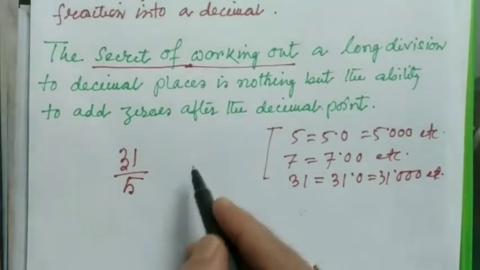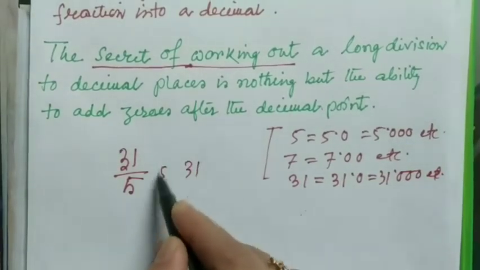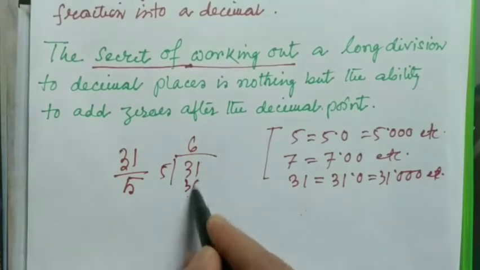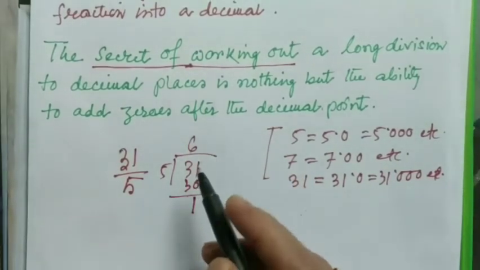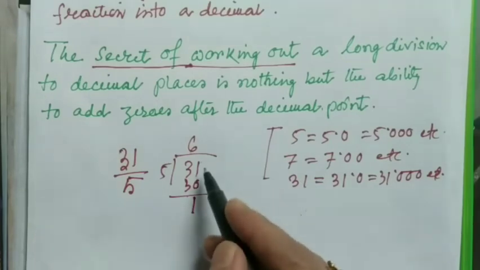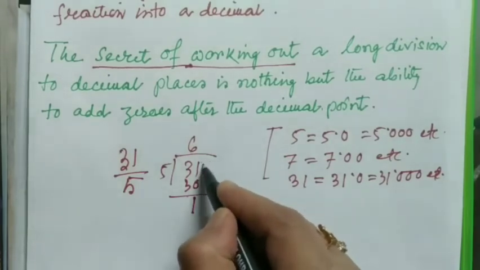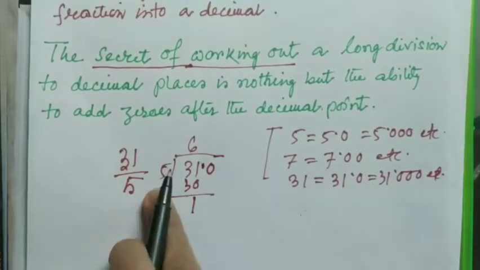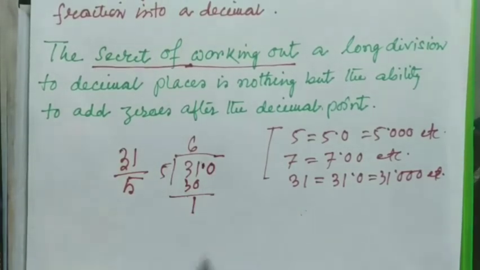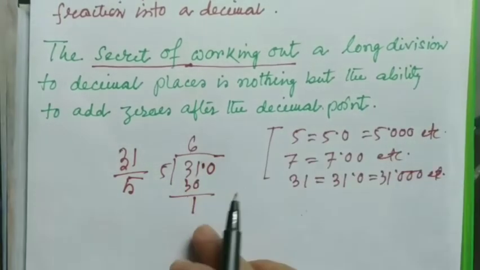Now I am doing the division again. 31 divided by 5. 5 6s are 30. Then 31 minus 30 is 1. Now I am putting one decimal point here to add a 0 here, because 1 is less than 5, so we are not able to divide it anymore.